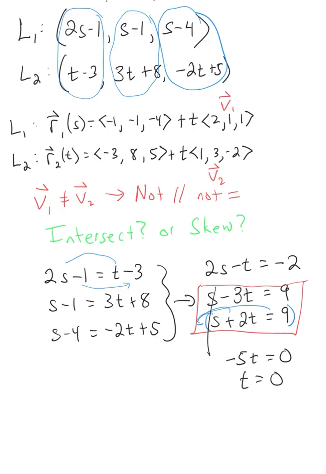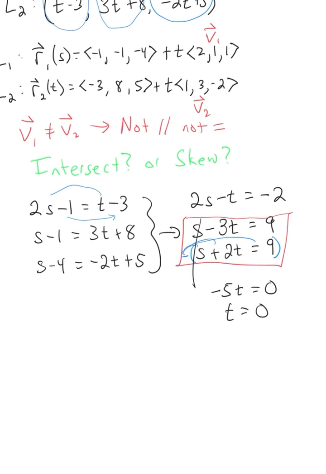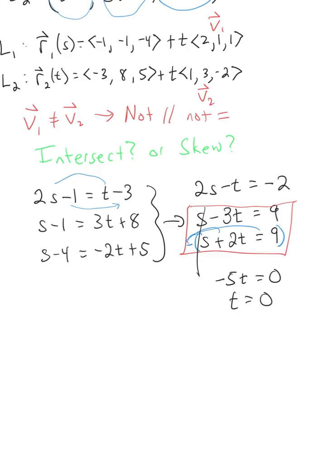Then we would want to try to find an s. Which one should we find the s in? Probably about the same either way. We'll just pick one of them, s minus 3 times 0 equals 9. So that would be s equals 9.